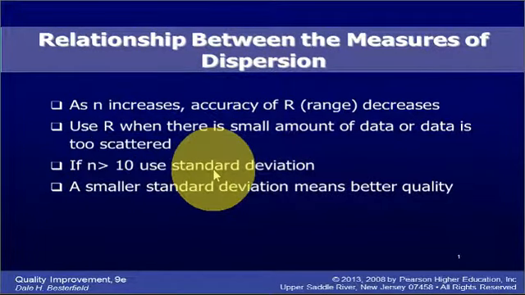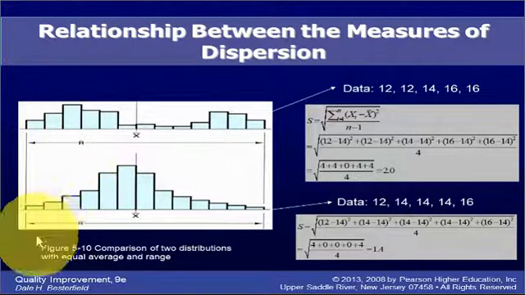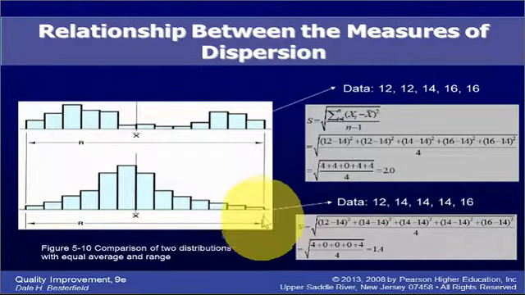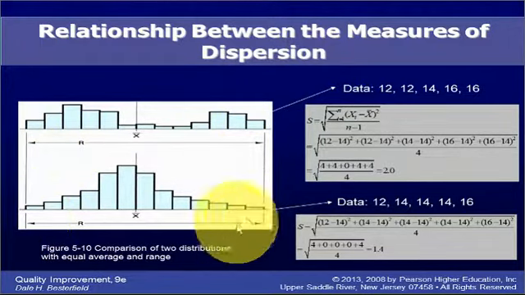A smaller standard deviation means better quality, meaning all the data points are closer to the average, not too spread out from the average. Here are two graphs that have the same range. You see, the possible numbers that they cover are the same.